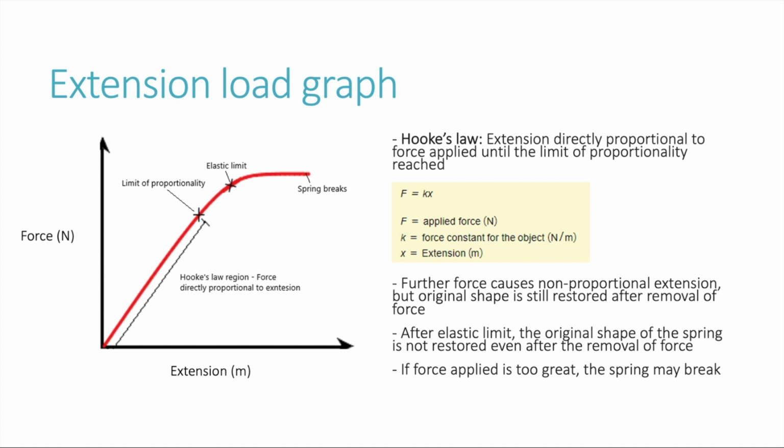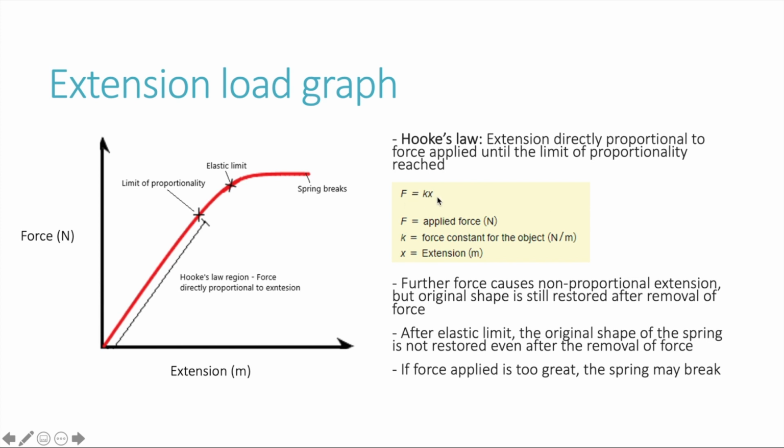And so we can actually calculate the force constant of a spring by rearranging the formula of this particular equation. So basically, if you have F equals kx and you want to find k, which is the force constant, then you can put the x on the other side, so k equals F divided by x.